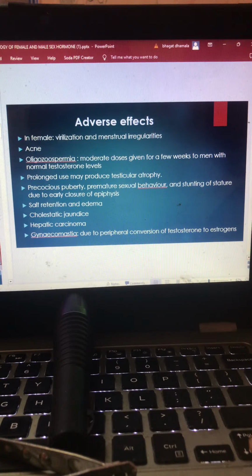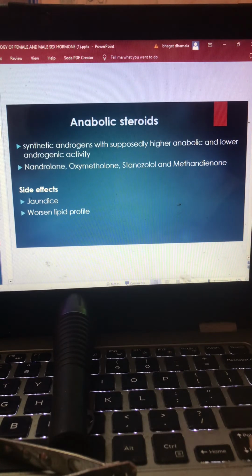Now talking about another group of drugs, the anabolic steroids. The drugs include nandrolone, oxymetholone, stanozolol, and methandinone. They are synthetic androgens with supposedly higher anabolic and lower androgenic activity. The side effects of these drugs are jaundice and a worsened lipid profile.